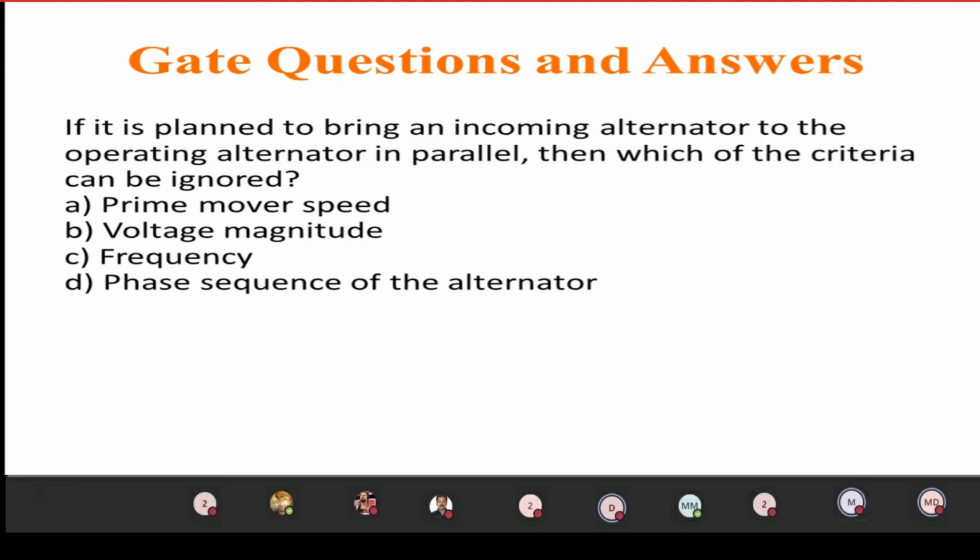Because we set the prime mover speed initially, it is not important here, so it can be ignored. We do not bother about that. Compared to these, the prime mover speed can be ignored because the frequency is correct, the phase sequence and the voltage are the important ones.